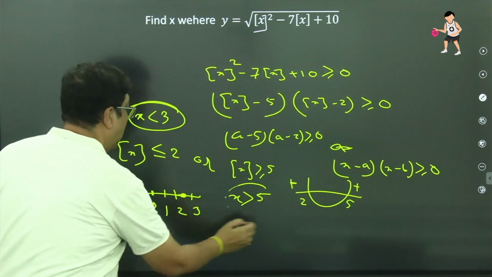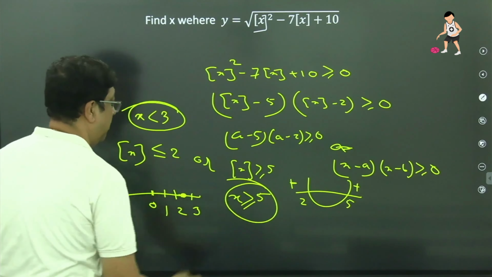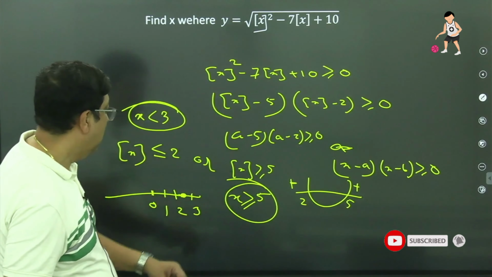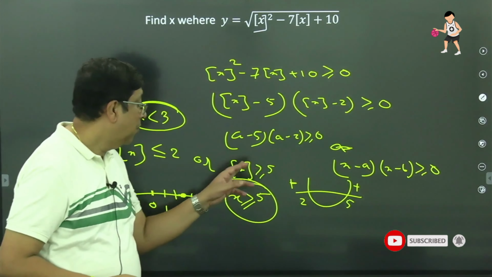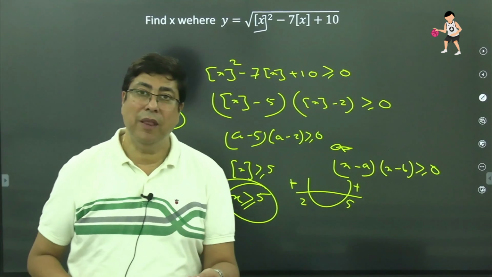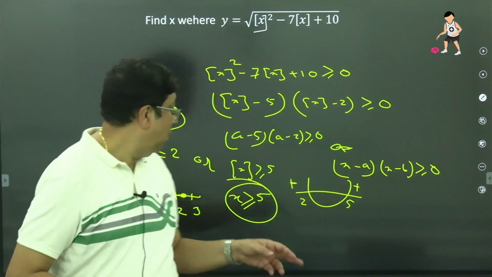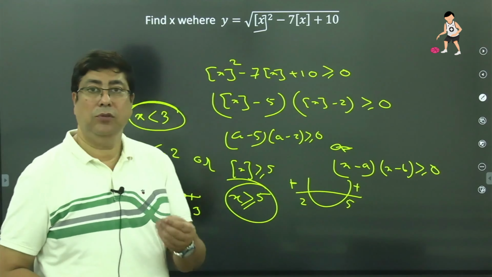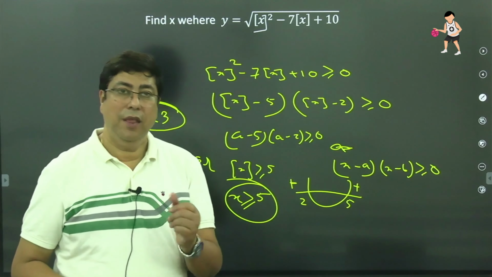So this or this. Since the equal sign is given, let us apply it. Otherwise, if it were floor x greater than 5, we would have started from 6. Since the equal sign is given, that is why I am taking it. For example, if x is 5, then 5 greater than equal to 5, yes, because one equal sign is here. Clear?